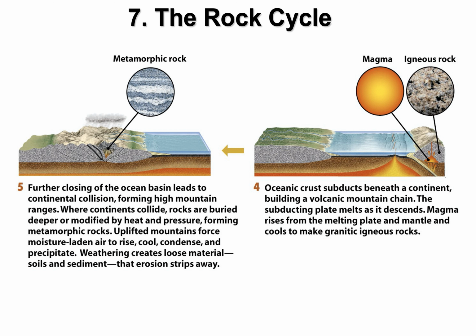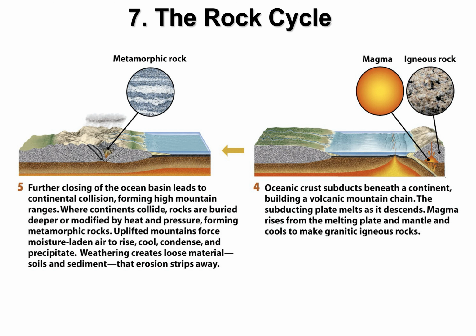This will result in the formation of a metamorphic rock. These uplifted mountains force moisture-laden air to rise, cool, condense, and precipitate. Weathering creates loose materials of soils and sediments, and erosion strips them away again.